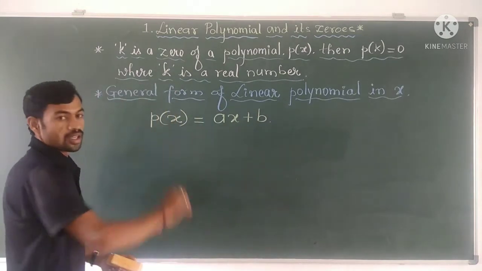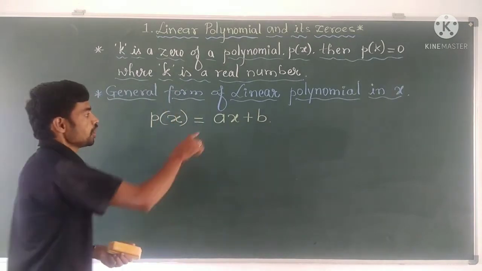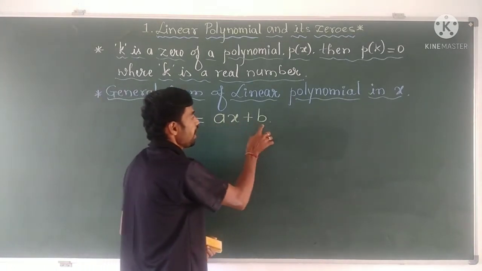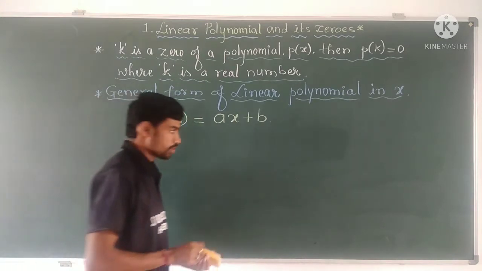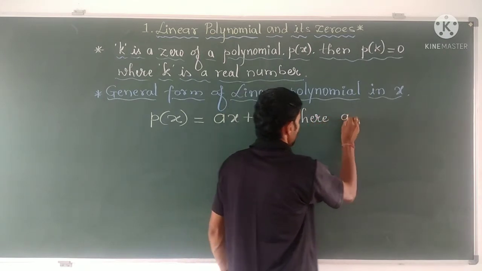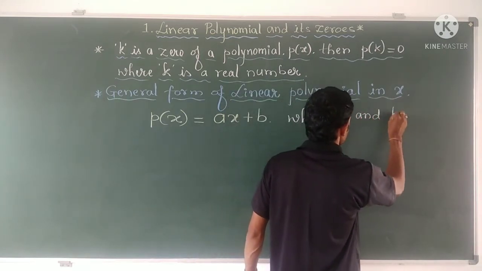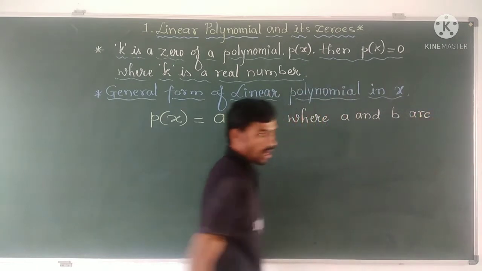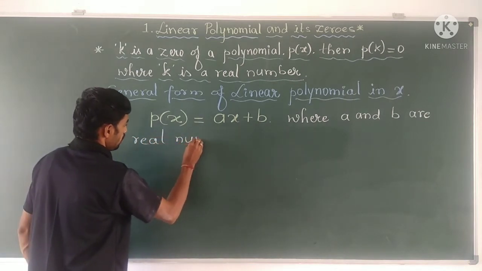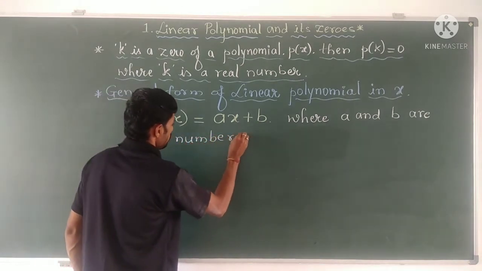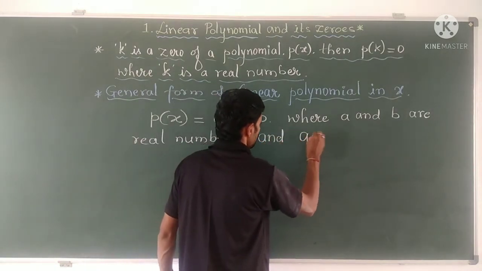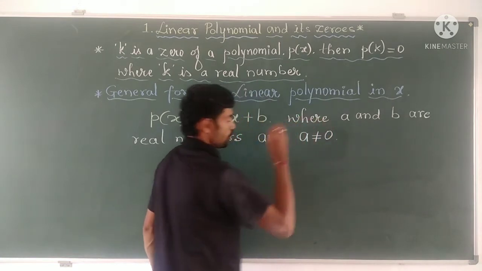This is the general form of a linear polynomial in variable x, where a and b are real numbers. What are those a and b? Any real numbers, and a should not be equal to 0.